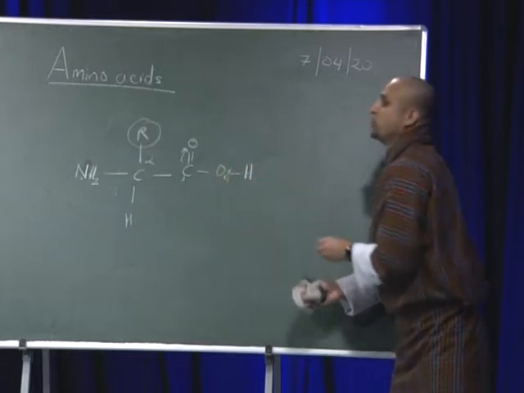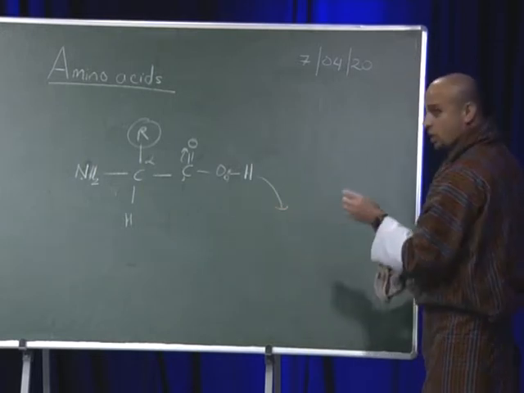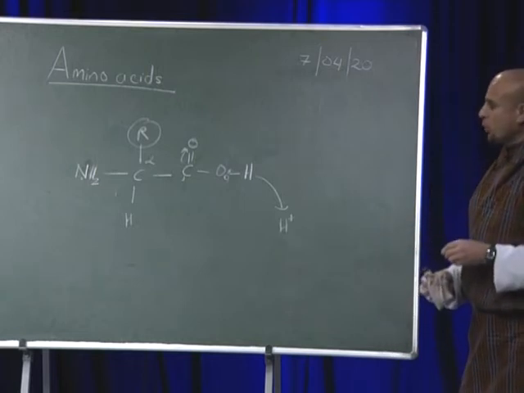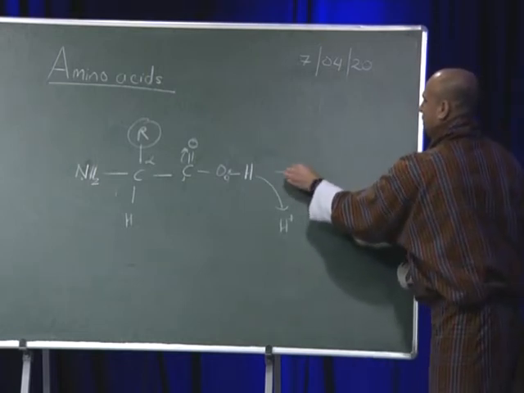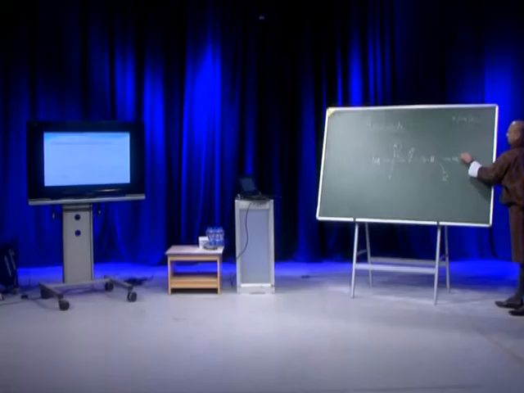So as it gets pulled more towards oxygen, this proton is lost. This will come out not as hydrogen, but as a proton. Hence, it results in the formation of a new compound. I'll draw a very small compound, NH2, C, R, H. Now we have C double bond O, O minus. Why minus?